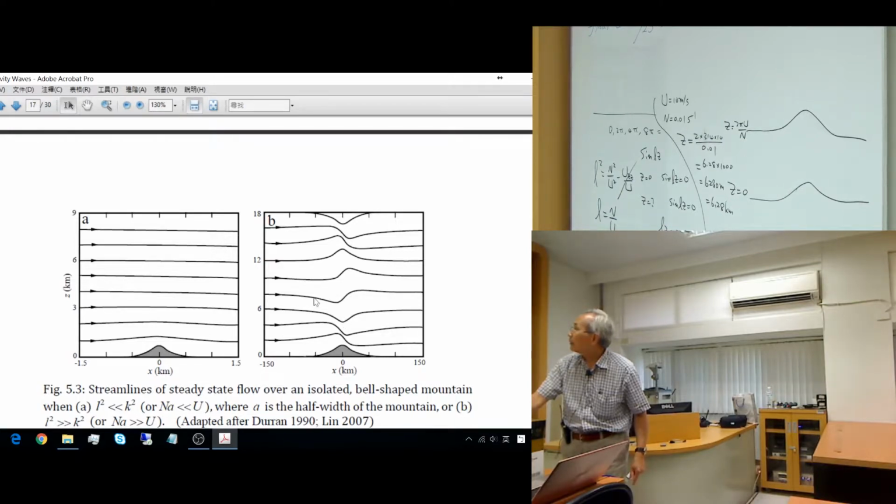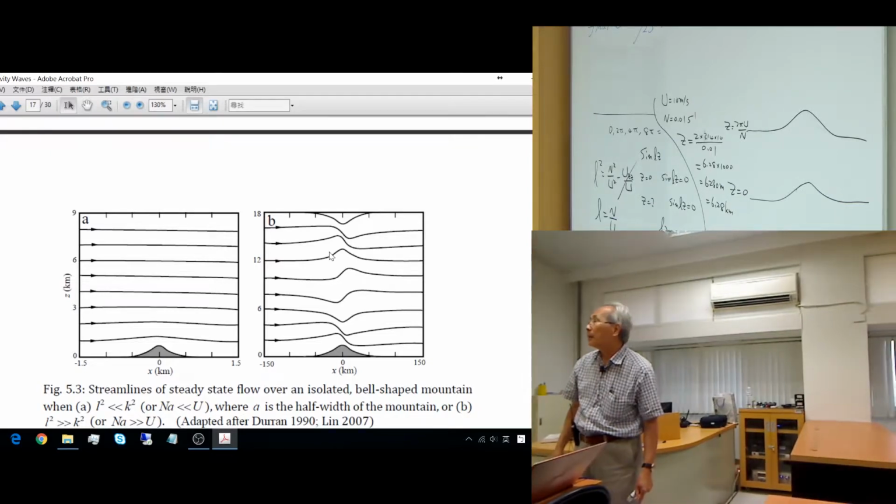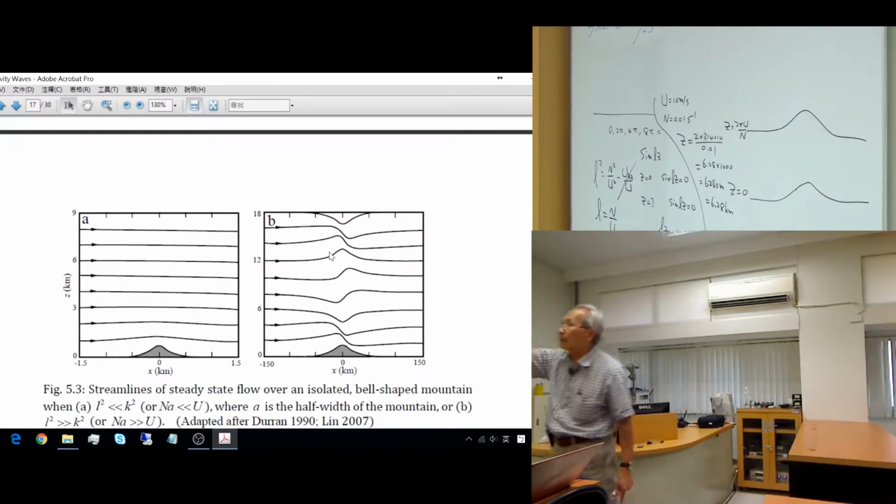See here? It is repeating about every 12 kilometers, and there is about 6.8. So here its repeating rate is different.